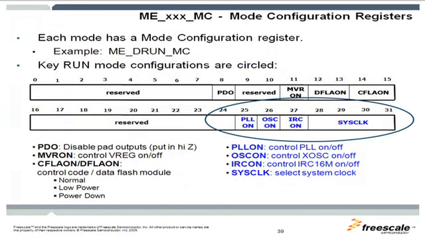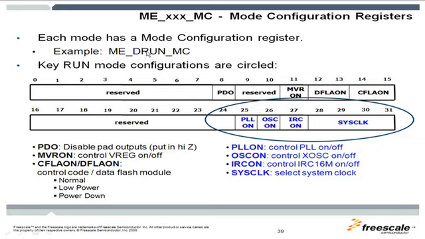Okay, so the registers for these configurations. We have mode configuration registers. And our naming convention is, before the underscore here, we have the module name. It could be a SPI module, it could be the A to D converter module, it could be SIU. This is the mode entry module.